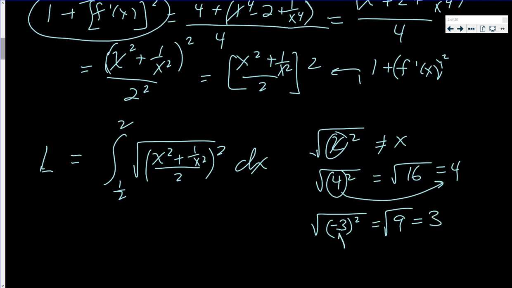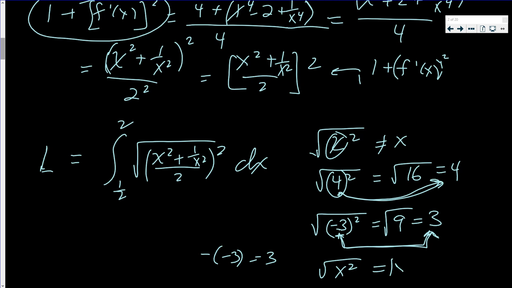We plugged in x equals negative 3, and we got back 3. Well, let's see. We plug in a positive number, and we get that number back. We plug in a negative number, and we get the negative of that number back. That's the absolute value function. The square root of x squared is the absolute value of x.